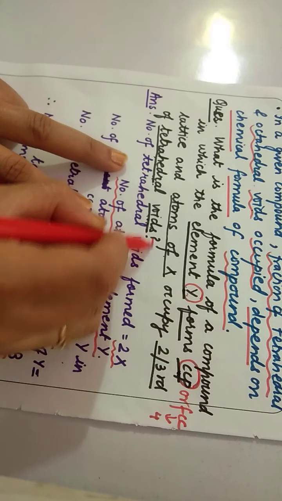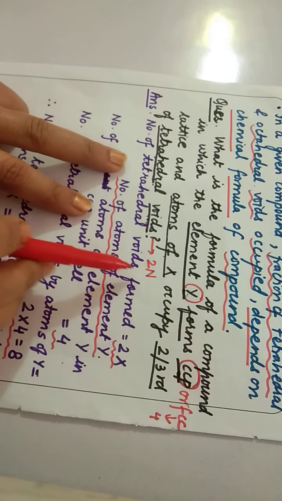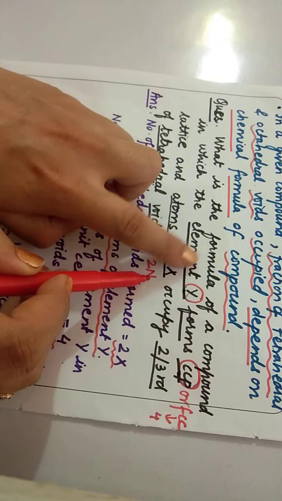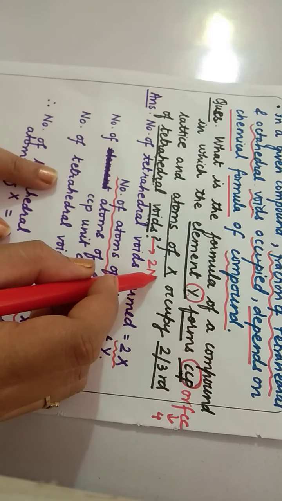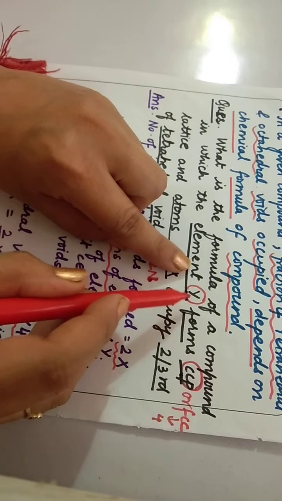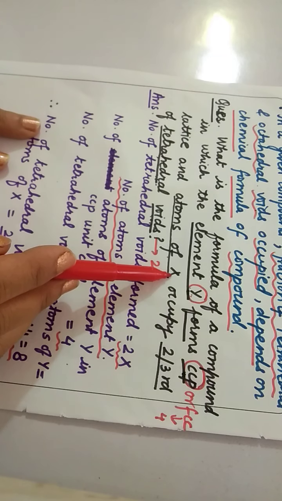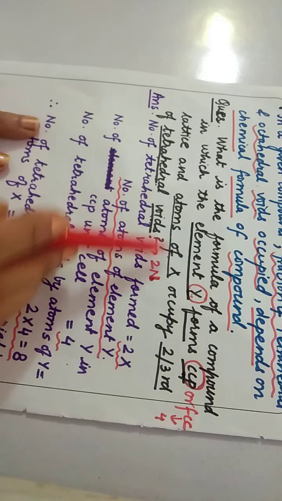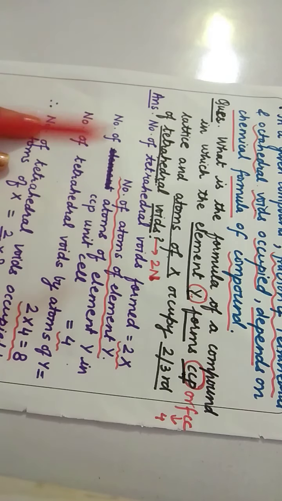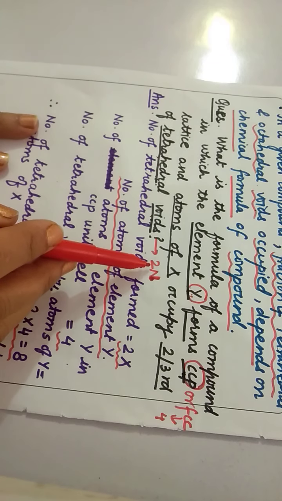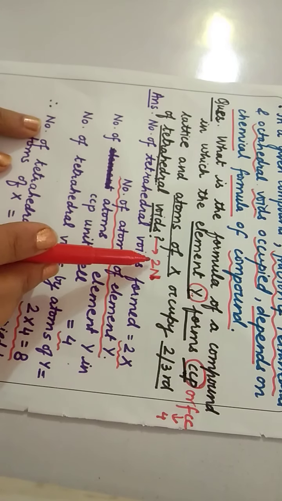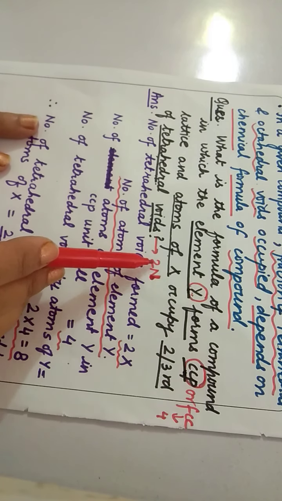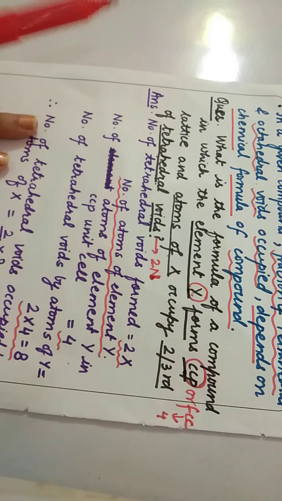You know the formula for tetrahedral voids: it is equal to 2n, where n is the number of atoms of the anions, that is, the number of atoms of element Y. So X is the cation, Y is the anion. Y is forming the CCP structure and X is occupying the tetrahedral voids. So the number of tetrahedral voids is 2 into the number of atoms of element Y.